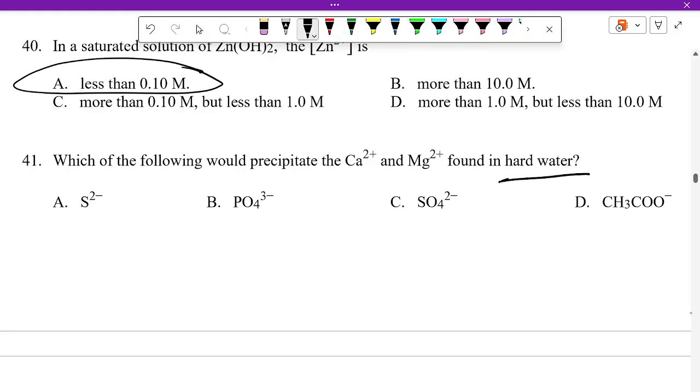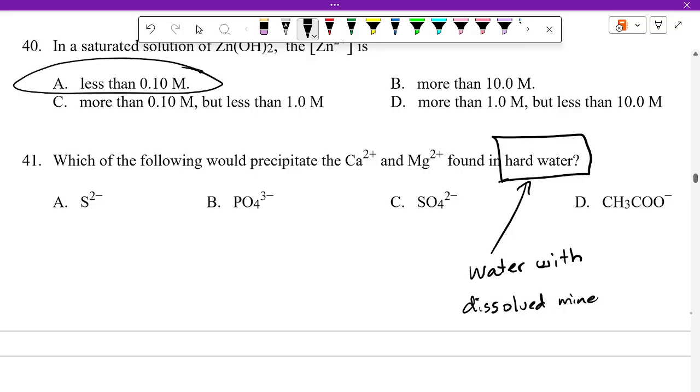Hard water is just water with minerals in it. So literally, yes, calcium and magnesium. C? No, B. Yes, B. There we go.